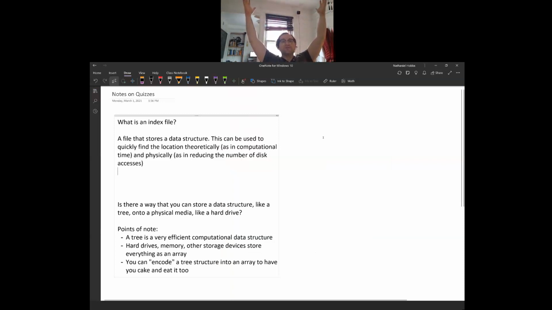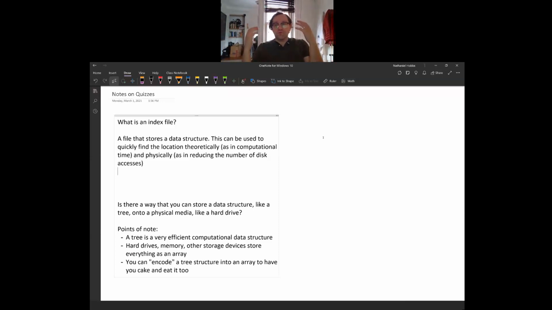So is there a way that you can store a data structure like a tree onto physical media like a hard drive? Why would you care to? The highlights are that a tree is very efficient. You can start at the top and burrow your way to the bottom and find what you're looking for quickly. So that's nice on paper.